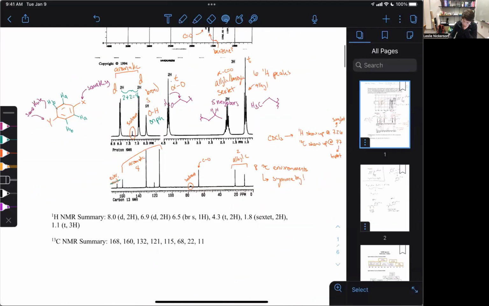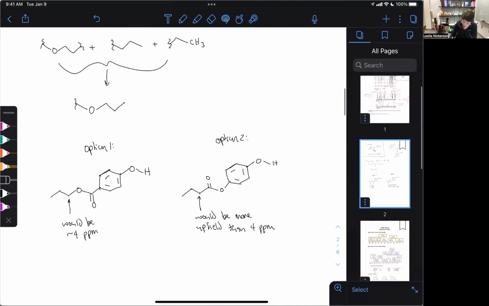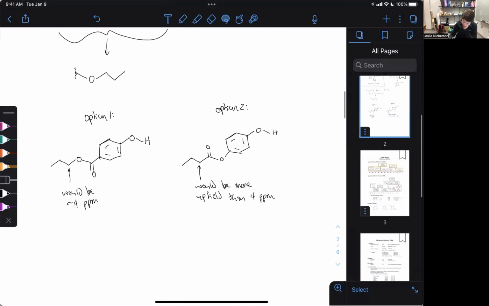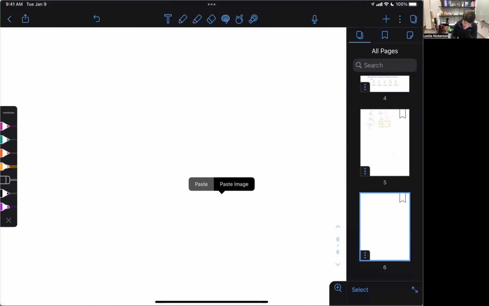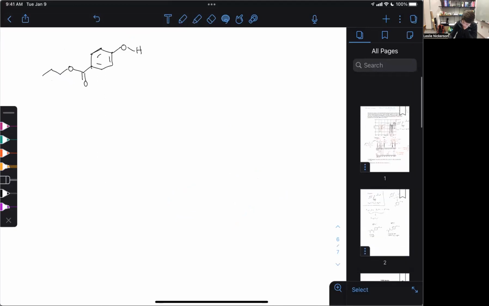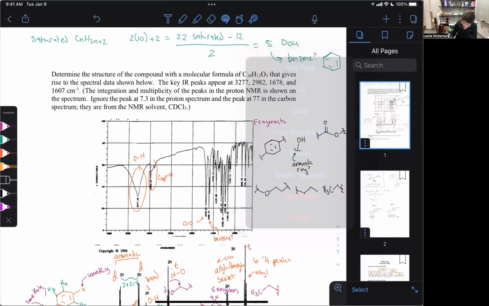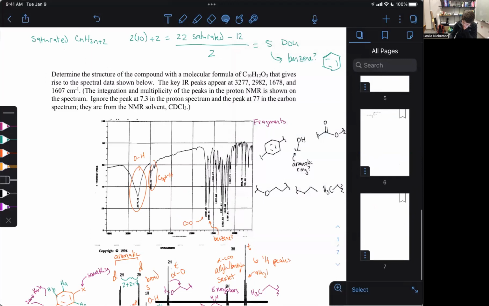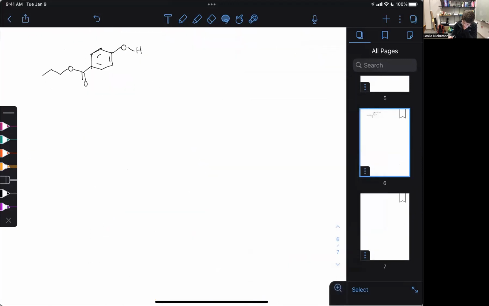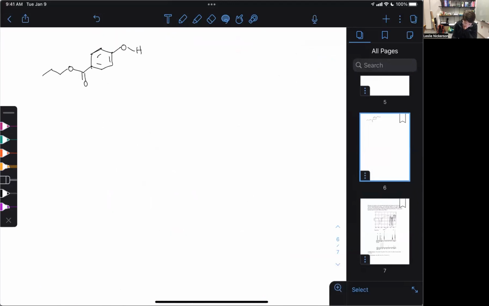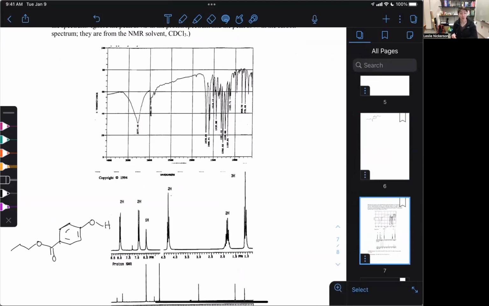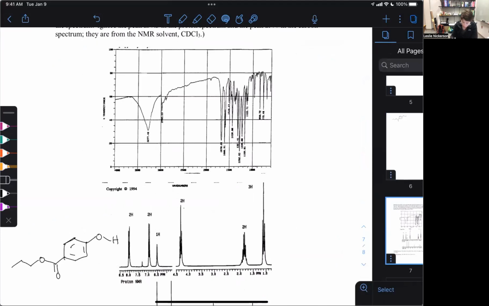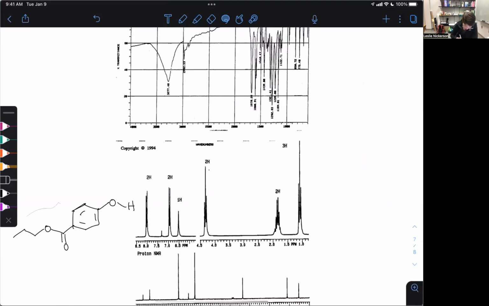Actually, I'm just gonna assign the peaks and see if it makes sense. So we're going to do 1 for proton and we're going to do 1 for carbon.